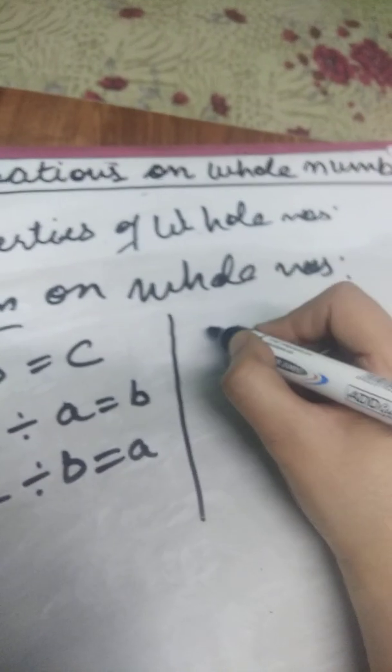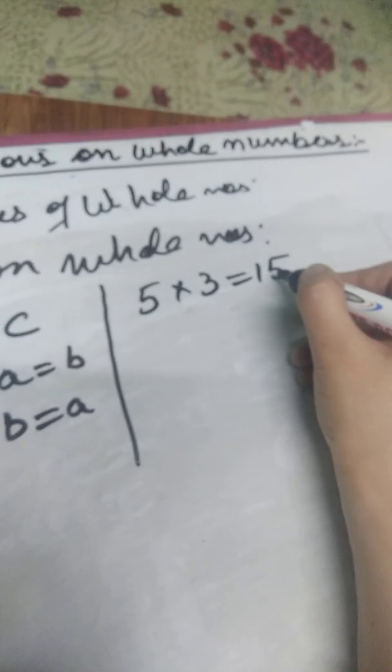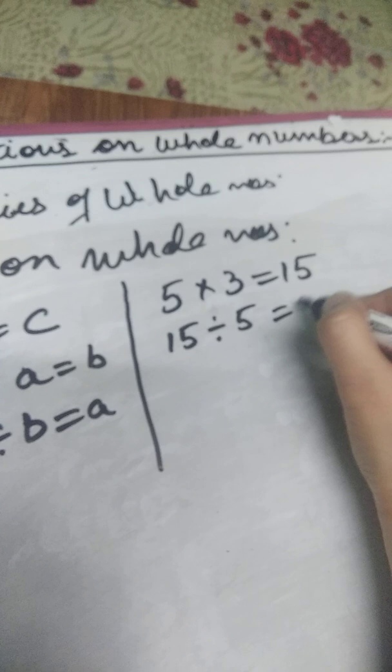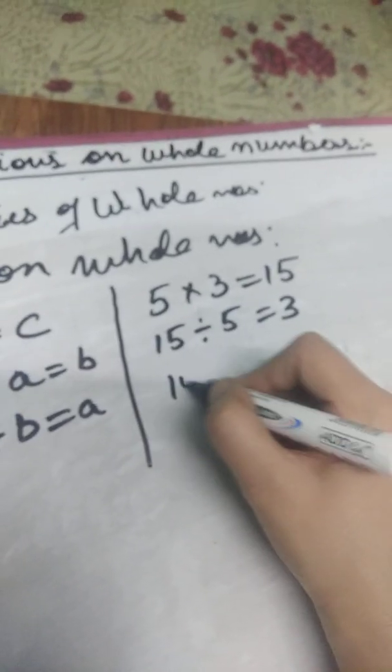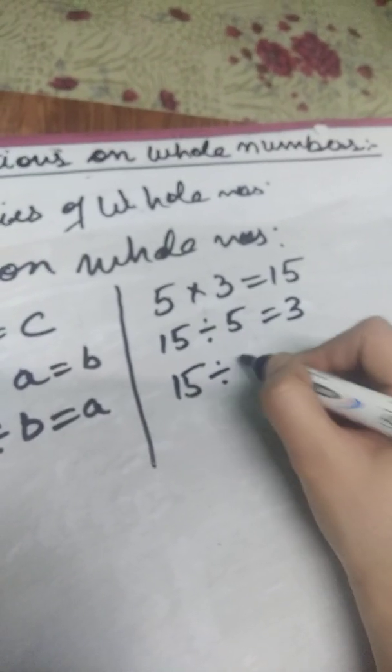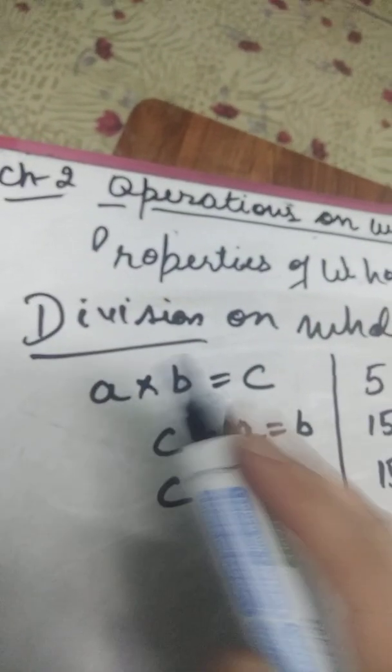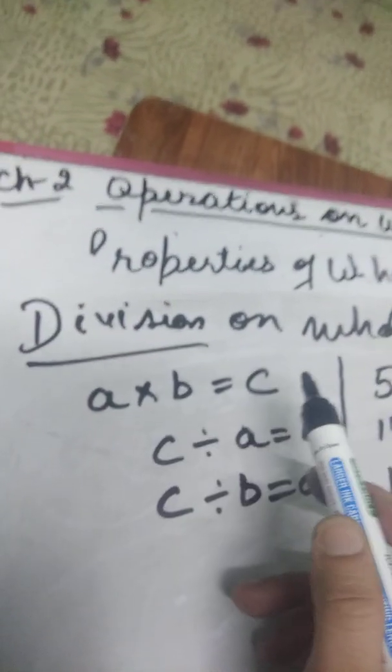In place of A, B, C I take, say, 5 into 3 is 15. Now we know 15 divided by 5 is 3. Then again this 15 you divide by 3 and it's 5. We are very familiar with this when you take numbers. This is exactly what has been explained generally by taking A, B, C.